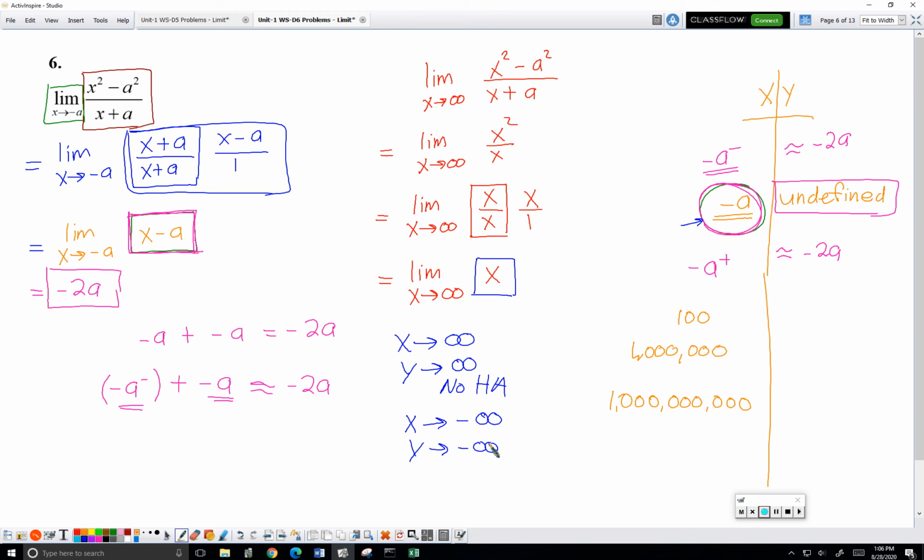But my thought was, rather than do something new, just use this, because it works for all x except x equal to negative a. So if x is a billion, a billion minus a is really close to a billion. So the same thing happens. As x grows, y grows.